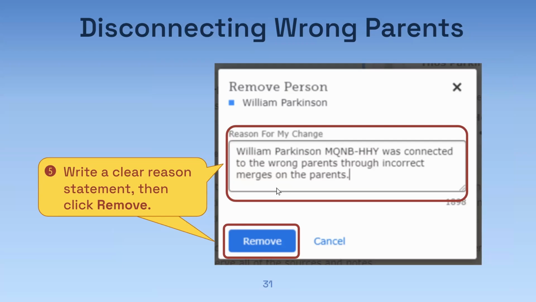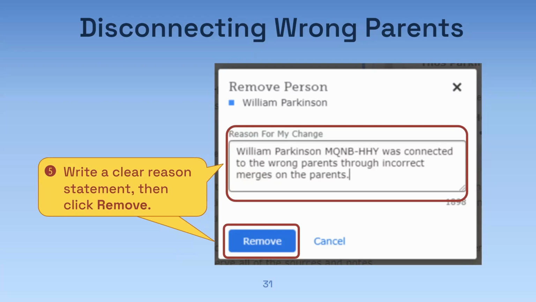Now, I've got to admit on this one, on bad merges, it could take like 5 paragraphs to explain why the bad merges happened and all the problems and so forth. So usually when I'm disconnecting wrong parents or disconnecting a wrong spouse that was added through a bad merge, I just say it's due to a bad merge and I leave it at that.